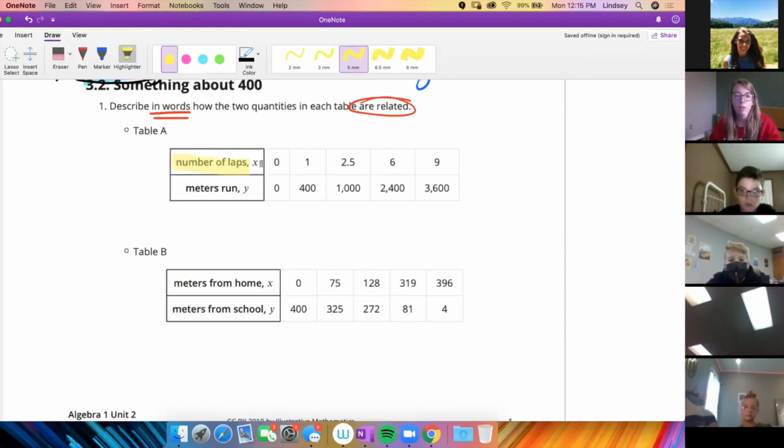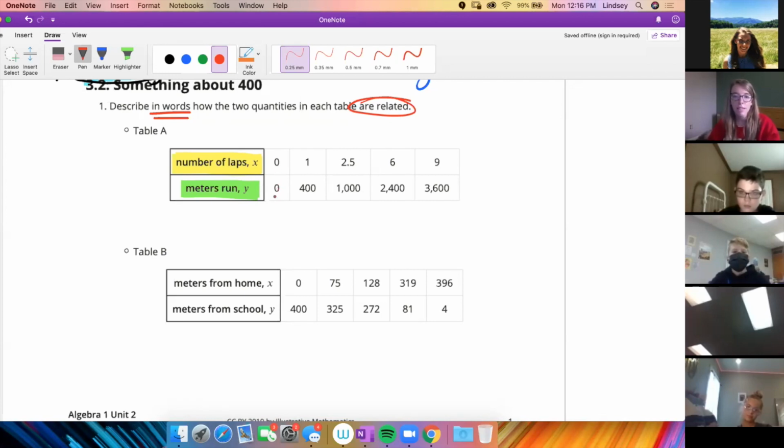All right, so what does our x value represent here? Number of laps. Good. What does the y value represent? Meters run. Good. Okay, so if I have run 0 laps around the track, how many meters have I run? 0.